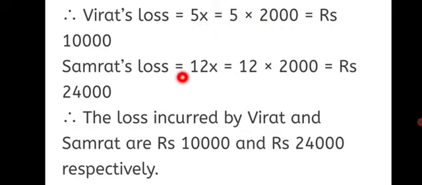And Samrat's loss is equal to 12x, which is equal to 12 into 2,000, which is equal to rupees 24,000. Therefore, the losses incurred by Virat and Samrat are rupees 10,000 and rupees 24,000 respectively. So, you have to do this in the steps as shown to you in this video.